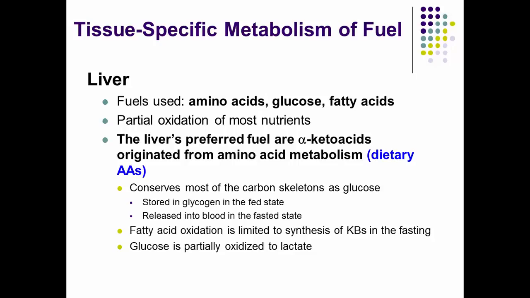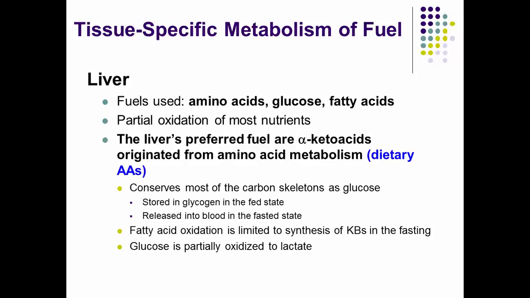So the liver primarily utilizes alpha keto acid as energy. But of course it also utilizes glucose and fatty acids. And glucose and fatty acids also undergo partial oxidation, right?